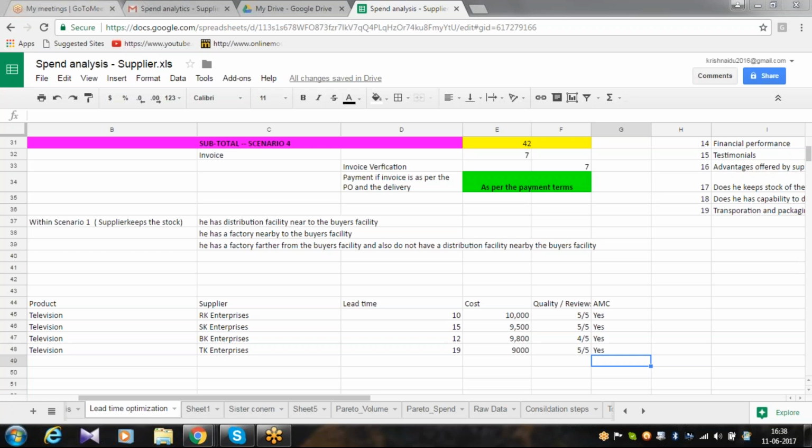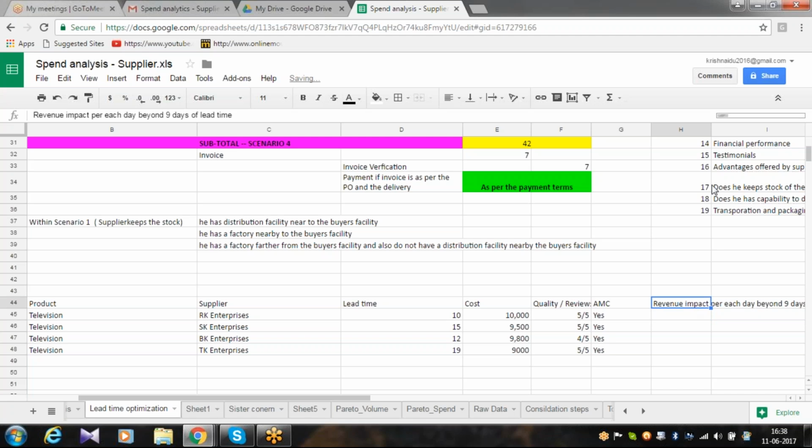So here I will put one more variable. I will put revenue impact per each day delay, each day beyond 9 days of lead time.